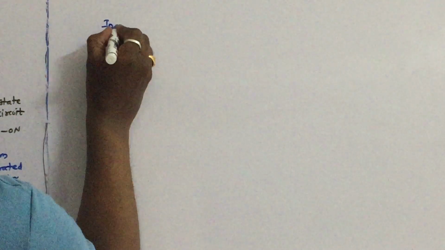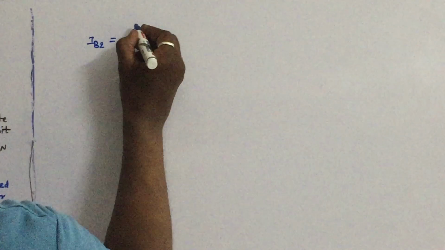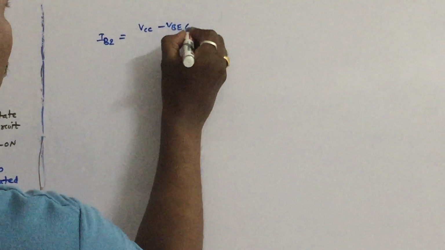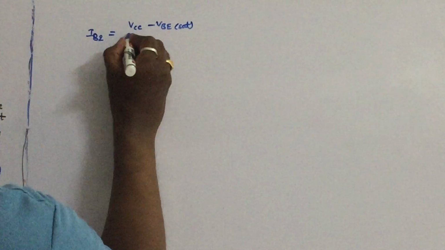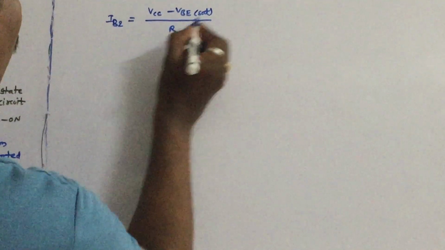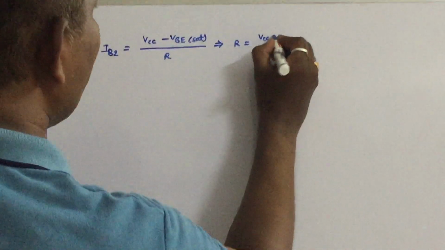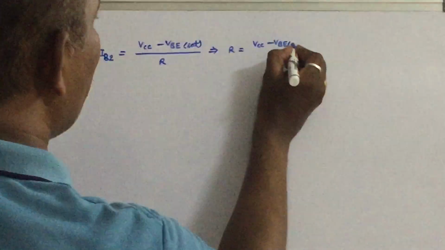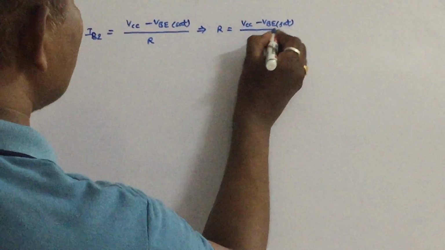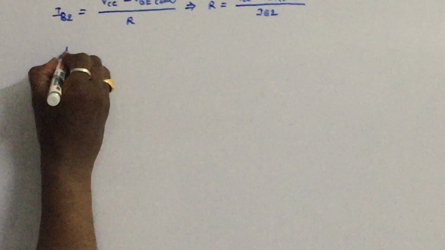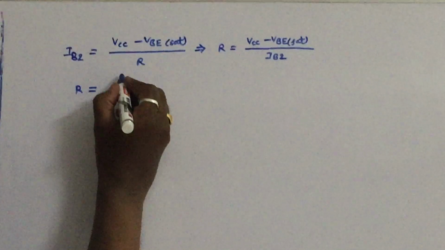IB2 is equal to VCC minus VB saturation by R. From which, resistor R is equal to VCC minus VB saturation by IB2.